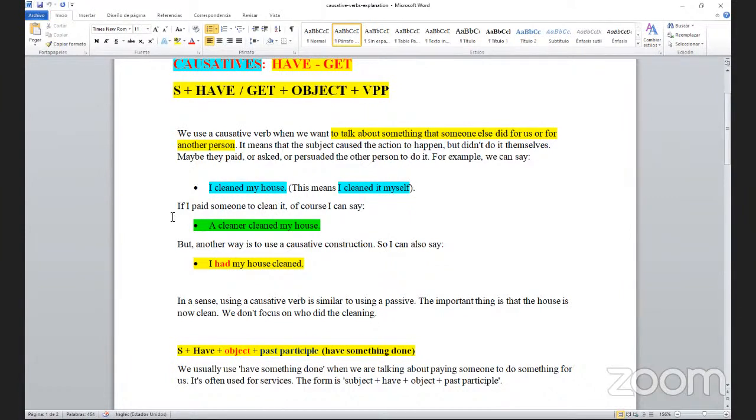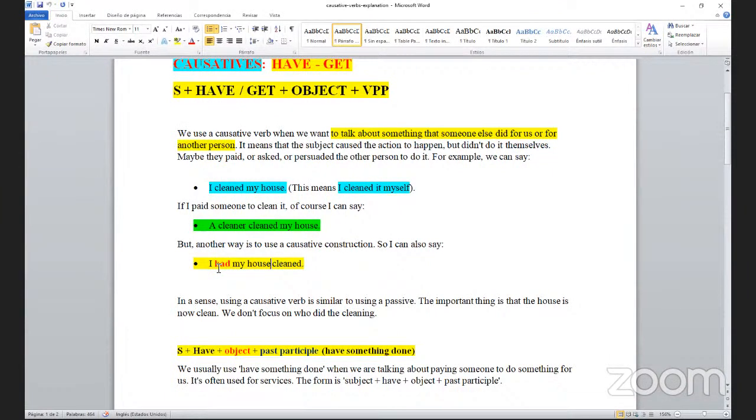And one way to say that somebody else does an action for us could be this first one. For example, a cleaner cleaned my house. So I am saying that I didn't do it, but it was done by a cleaner, right? In this case, we say who does the action. But when we talk about causatives, we are not going to say who does the action.